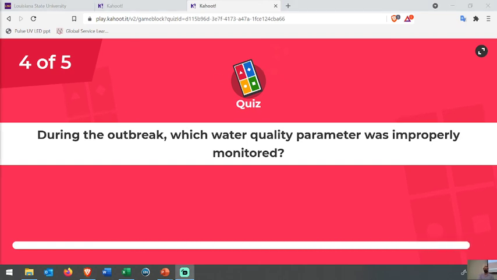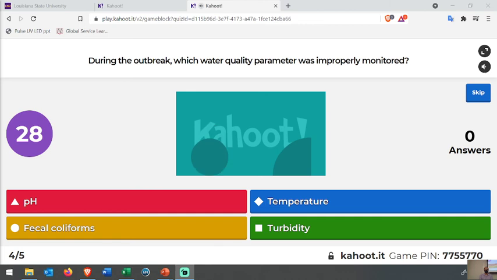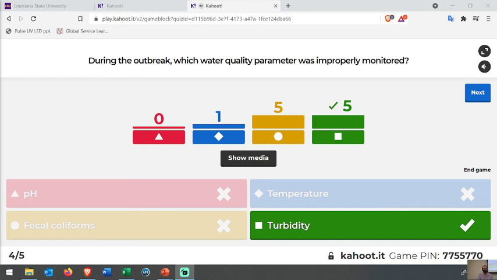Okay. During the outbreak, which water quality parameter was improperly monitored? Okay, so about half of you got it right.